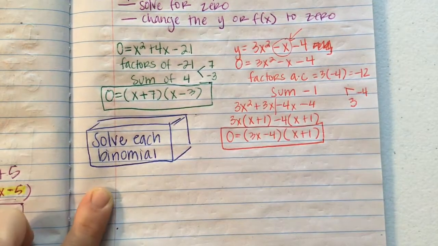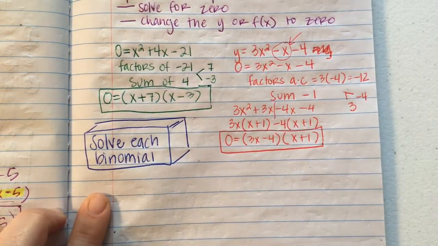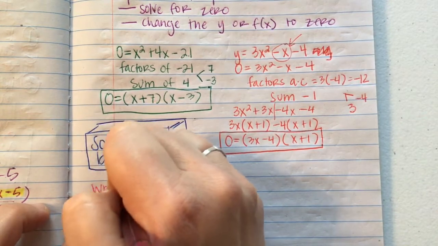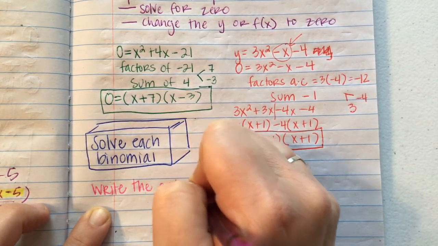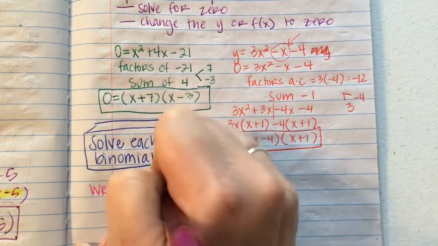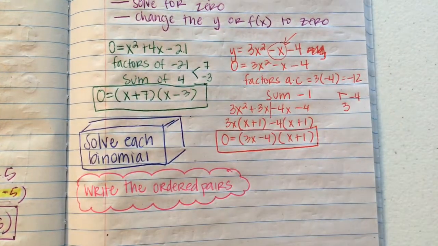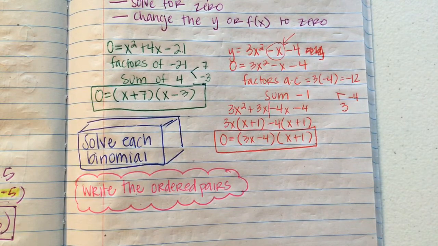And after you solve each binomial, you're going to write the ordered pairs. And that is going to be our answer. So our answer is no longer the math problem. Our answer is going to be the ordered pairs.